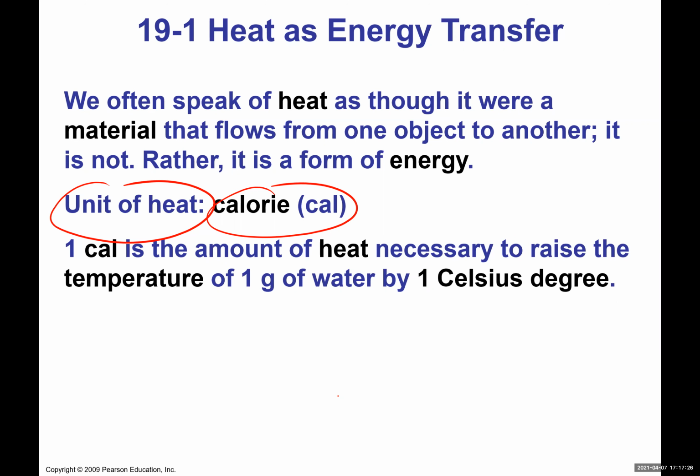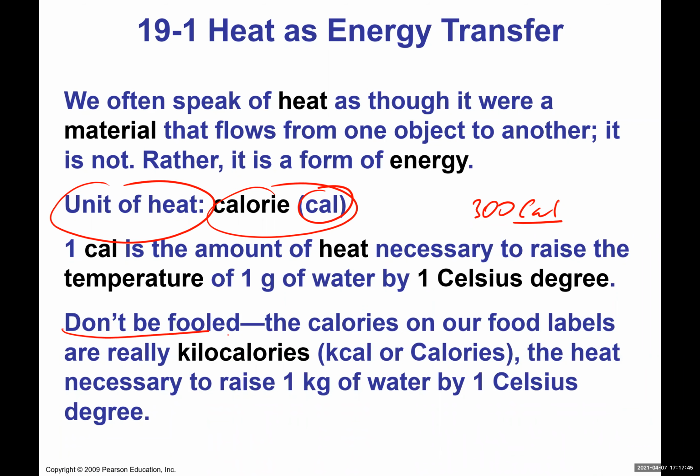So when you buy the chocolate bar, let's say it gives you 300 calories. But this is actually not the same calorie as I have over there, because this calorie, you can see, right? Don't be fooled, that is actually kilocalorie.